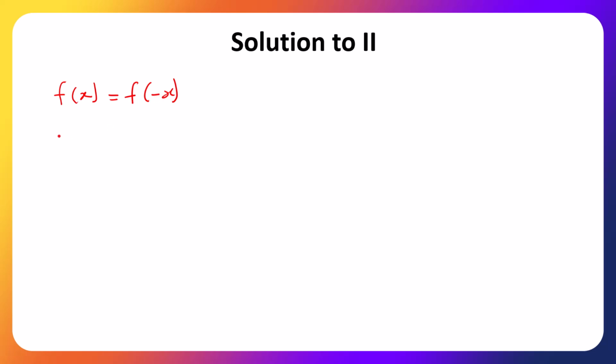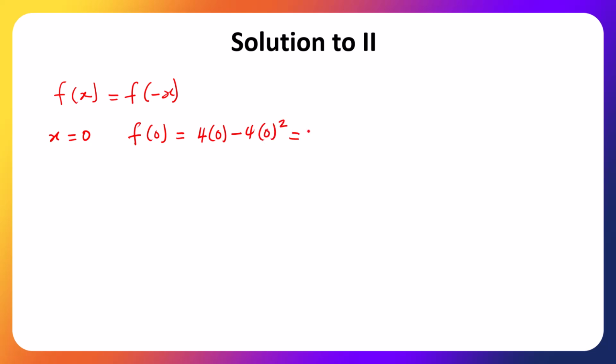If x equals 0, our f of 0 will give us 4 into 0 minus 4 into 0 squared.